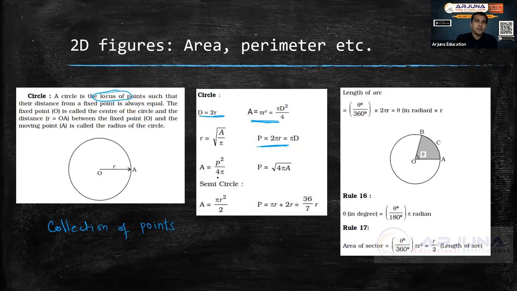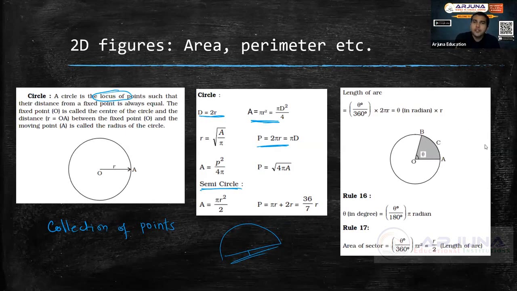When it comes to a semicircle, the circumference will be half of 2 pi r plus this length also, that is 2r. So pi r plus 2r you will get. Okay, and they have given the value as 36 by 7, just like 22 by 7, so 36 by 7 you will get as the perimeter.